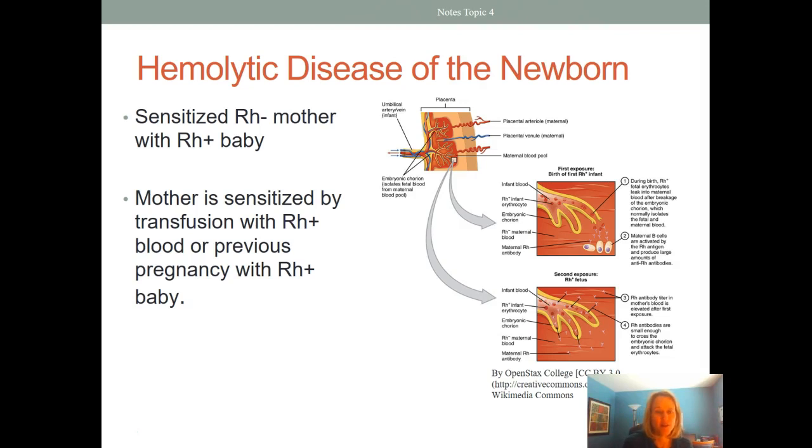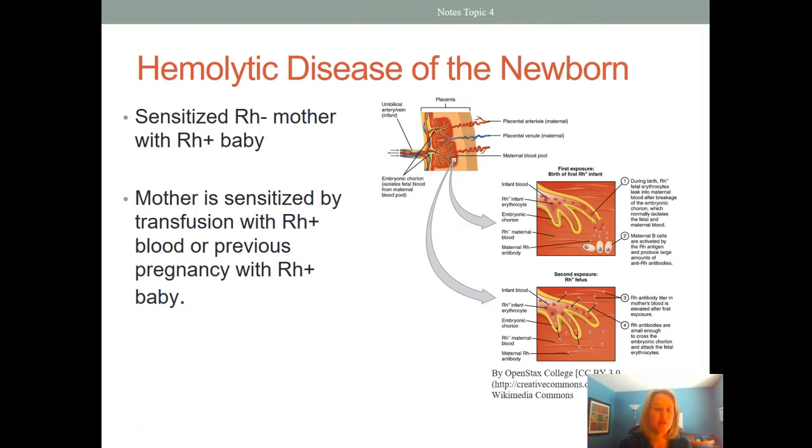If you are Rh positive, you do have the antigen. So if you don't have the antigen and you are exposed to the antigen, then you will make antibodies against that antigen. That's called sensitization.